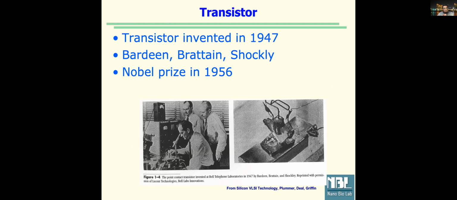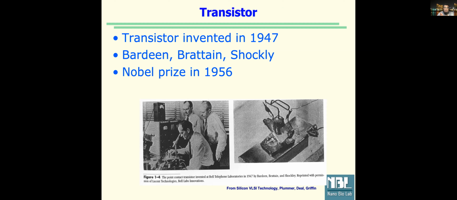A transistor is a kind of resistor, but you can control the resistance by a third electrode. In a resistance you need 2 electrodes, right? So you put those electrodes and you measure the resistance.